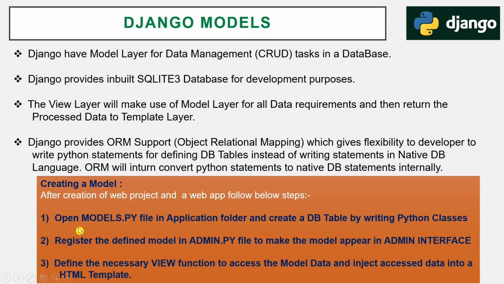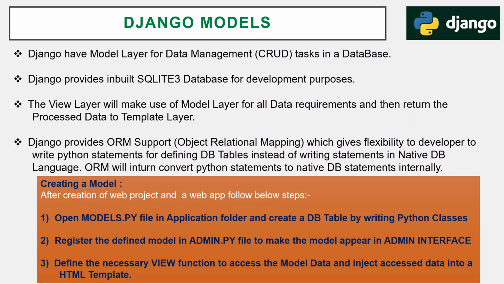Number one, you need to open the models.py file in the application folder and create a DB table. DB means database table, by writing Python classes. So the models.py file consists of the database table definitions, friends. First we have to define a database table.